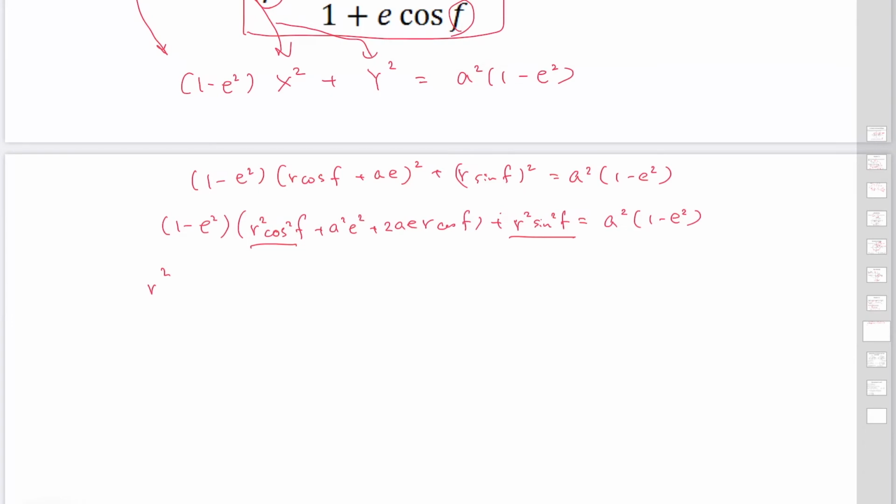So this is r squared minus e squared r squared cosine squared f plus 2ae times 1 minus e squared r cosine f equals a squared times (1 minus e squared) squared. We combine these terms.